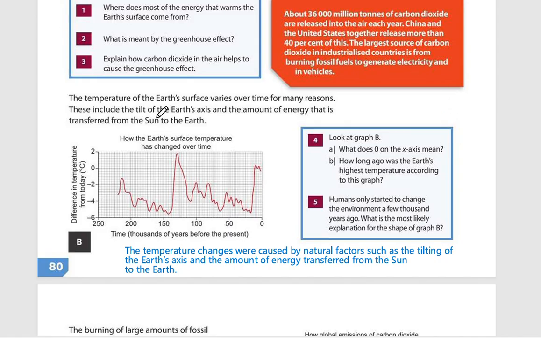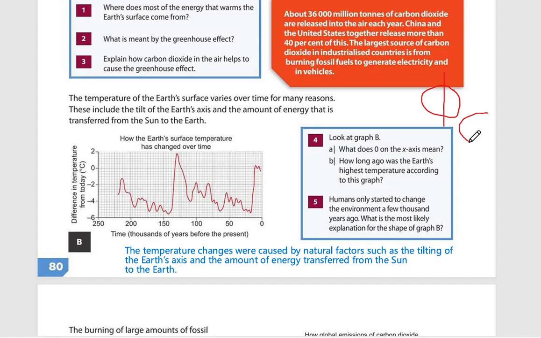Do you know what it is? No. Okay, so for those who don't know, there's an axis in the Earth. This is the y-axis, we know this is the y-axis, this is the x-axis. So let's consider the y-axis, the vertical one, right? Do you think the Earth is straight like this? No, it's not.